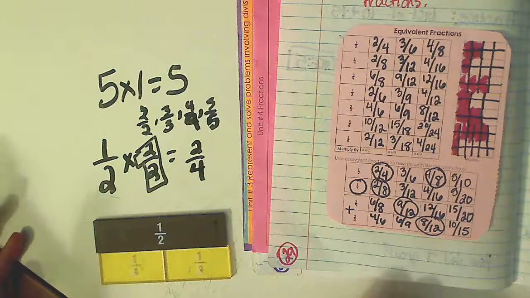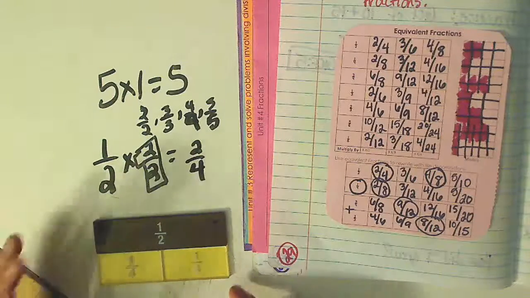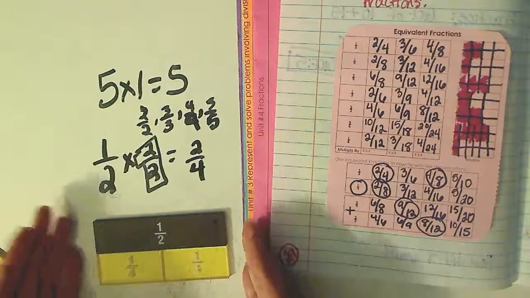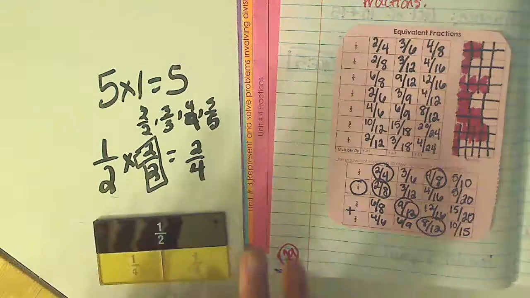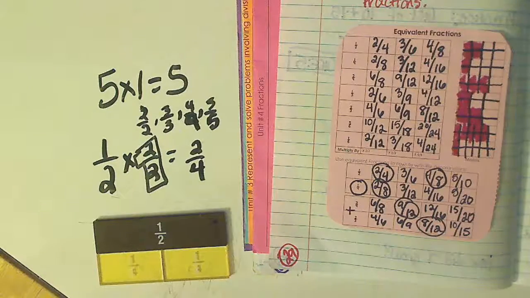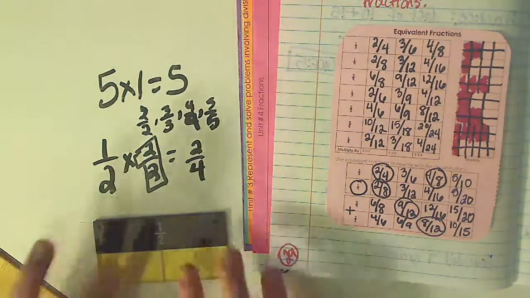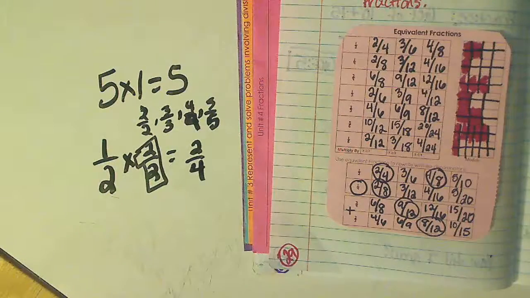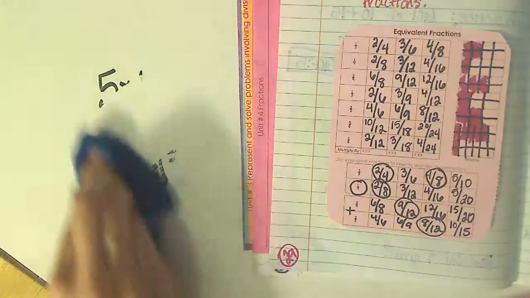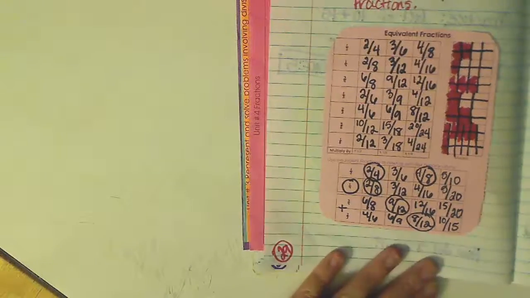That's what we talked about today, that we can find an equivalent fraction either by using our fraction bars or by multiplying by 1, in quotations, or 1 whole, depending on the fraction. Again, we're just building the base to get to adding and subtracting fractions with unlike denominators.